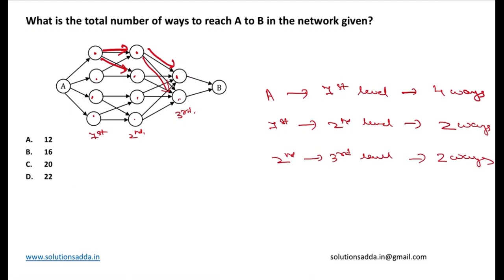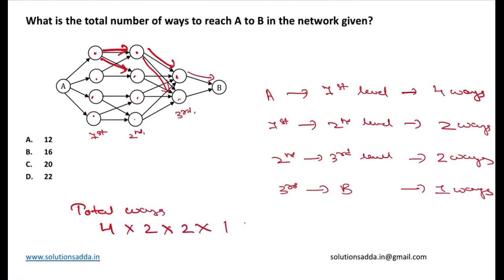And finally, for reaching B from the third level, we have a single way for each of the nodes. So from the fundamental principle of counting, the total number of ways is 4 cross 2 cross 2 cross 1, which comes to 16. Hence option B is the correct answer.